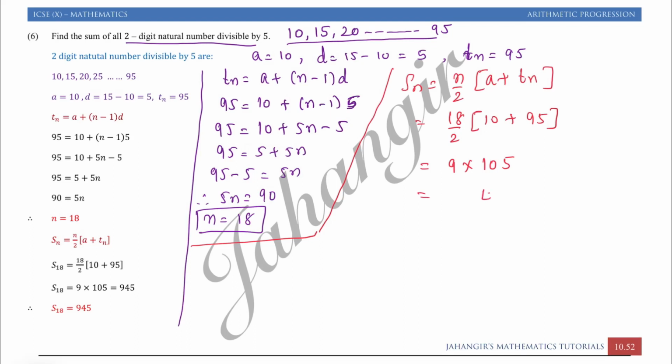So multiply: 9 fives are 45, 9 ones are 9. So therefore S18, the sum of 18 terms of this sequence, is 945. Hope you understood how to find the sum when the series is not given but some condition is given from which you can make the series.